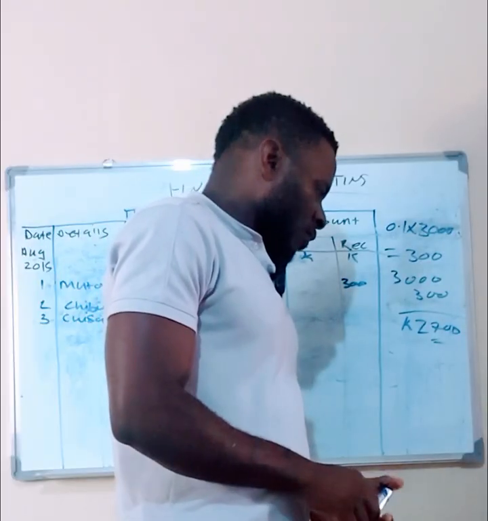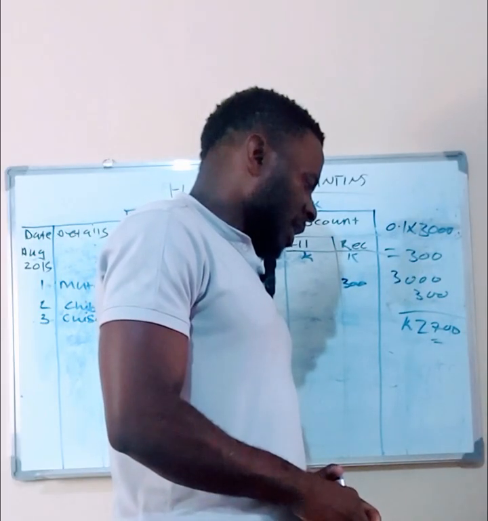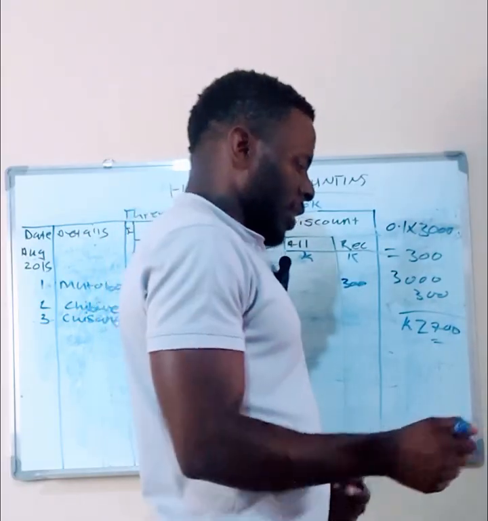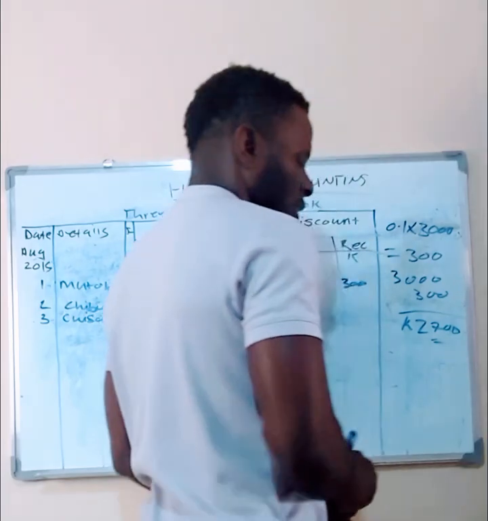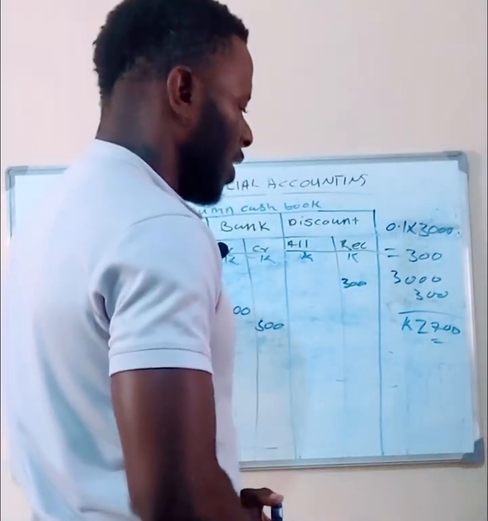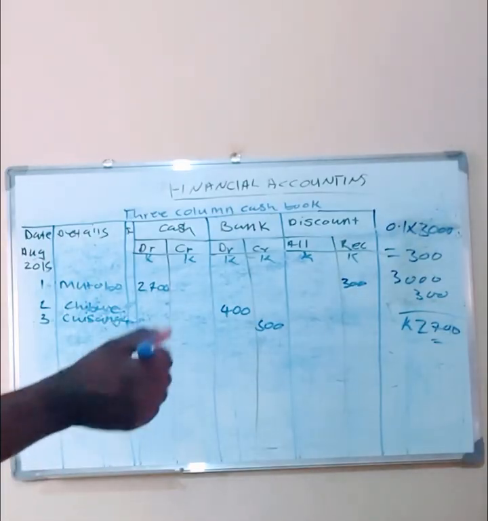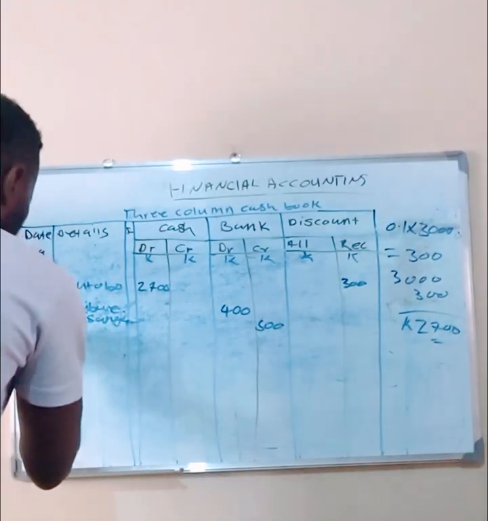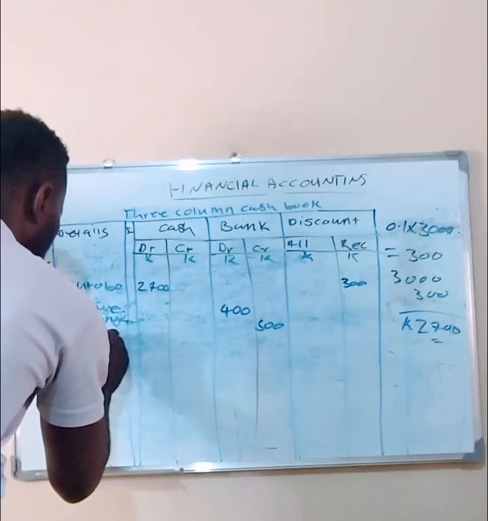And then on the 4th of August, we paid cash of 600 kwacha into the bank. This is a contra entry. I already explained this in the two-column cash book. So here we have cash and bank.